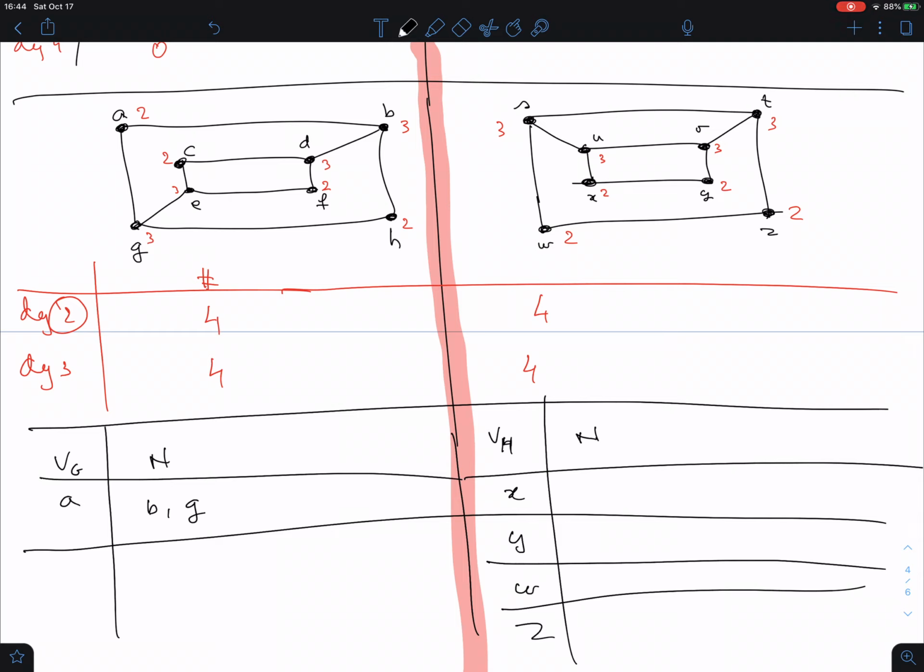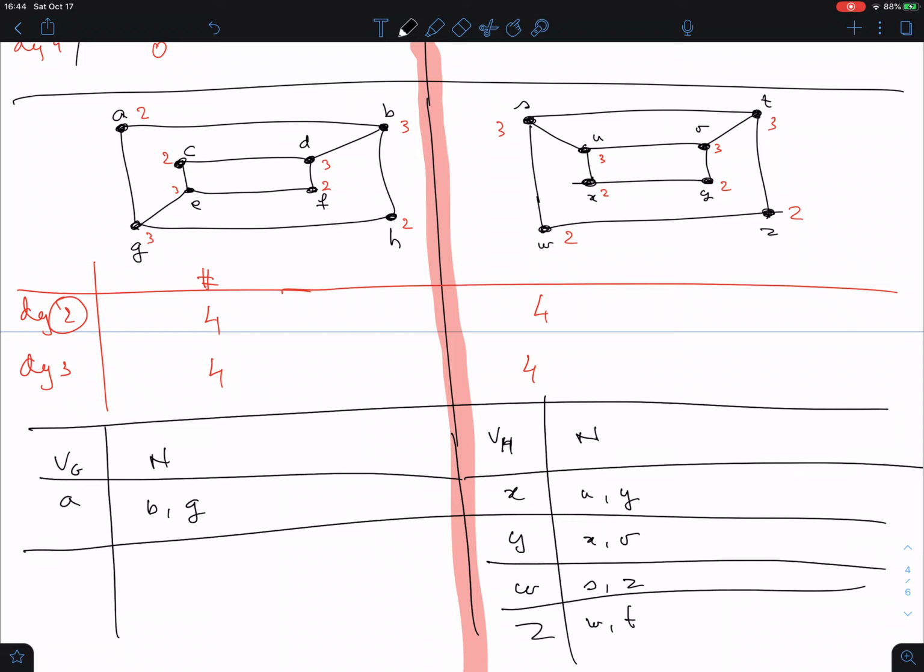The neighbors of X are U and Y. The neighbors of Y are X and V. The neighbors of W are S and Z. Of course there have to be 2 because I picked the degree 2 ones. Z is W and T. I have not made a full table because I don't want to waste too much time here.